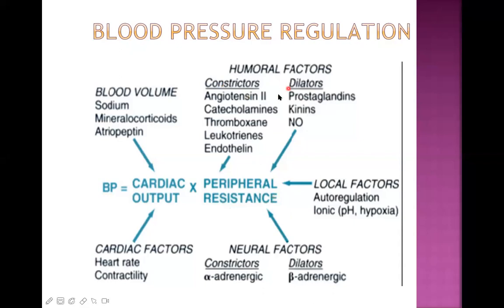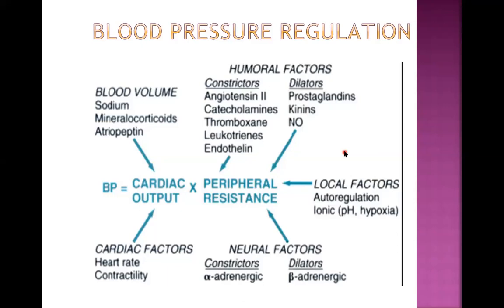Others are the humoral factors like angiotensin 2, catecholamine, thromboxane A2, leukotrienes, and endothelin. All of these are vasoconstrictors, whereas prostaglandins, bradykinin, and nitric oxide are the vasodilators. So let me tell you one sentence so it will be very easy for you. There should be a balance between all these factors in our body, then only there will be good homeostasis.